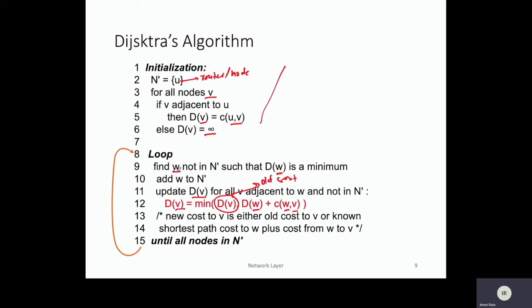Then we'll find another node that is not in N, add that node in N, and then calculate dW for all the adjacent nodes to W, right? So let's look at an example, and then we'll come back to this algorithm again.